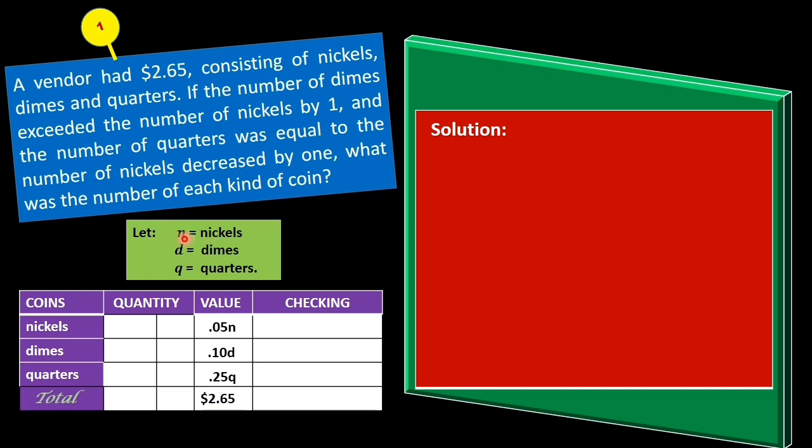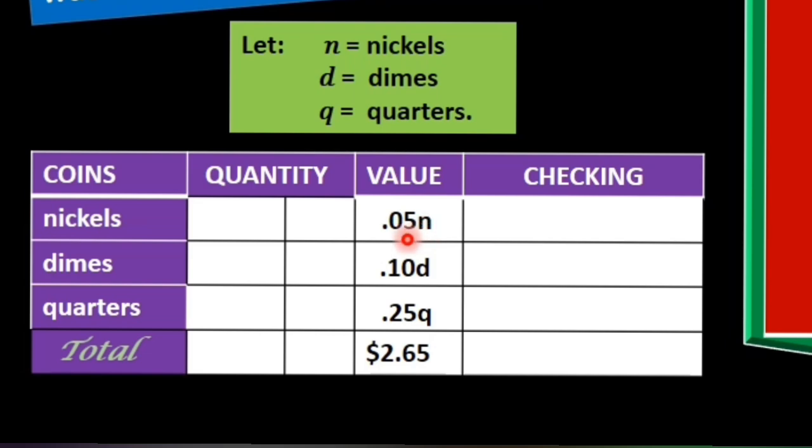So let N represent the number of nickels, D dimes, Q quarters. Based on the problem, the total value of nickels, dimes, and quarters is $2.65. So these are the values of nickels, the dimes, and the quarters.